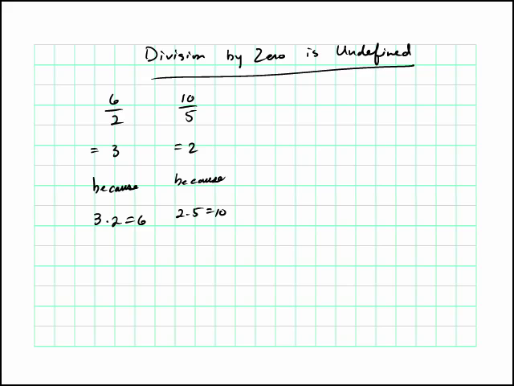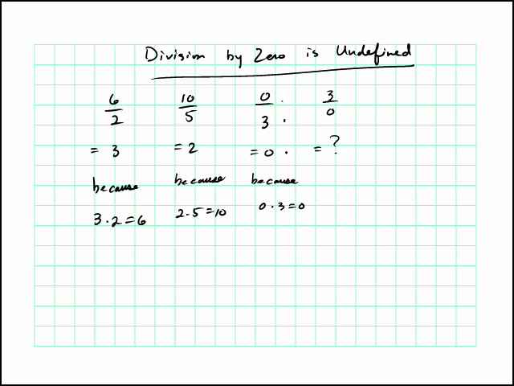We can even have 0 divided by 3. 0 divided by 3 is 0. Because, if I follow the same reasoning, if I take 0 times 3, I get back 0. However, I cannot do this. 3 divided by 0. Now what is that?